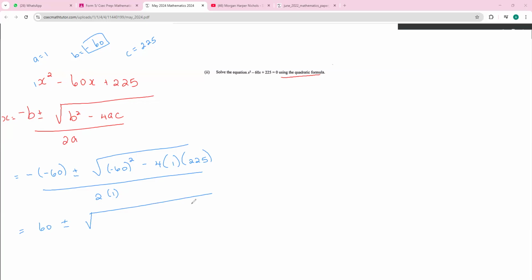Negative 60 squared, negative 60 times negative 60. You multiply, but you have two same signs. So your answer is positive. I'm using my calculator. You could too and check over with me. I got positive 3,600.